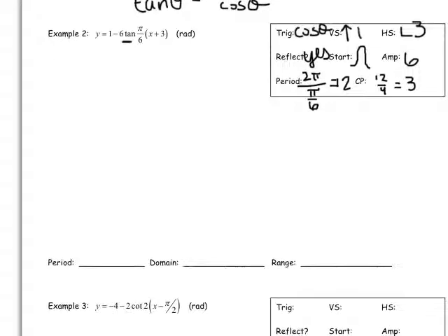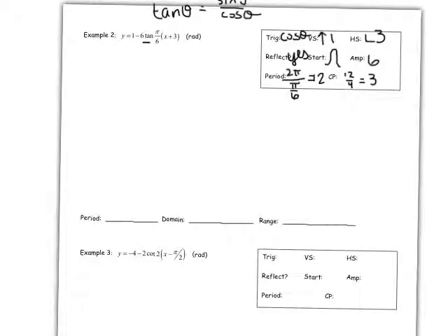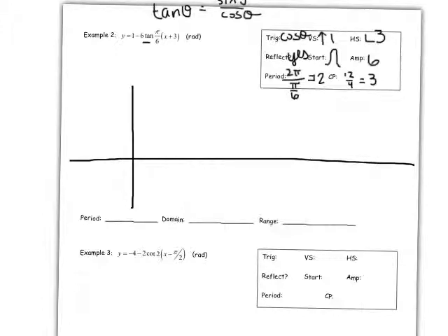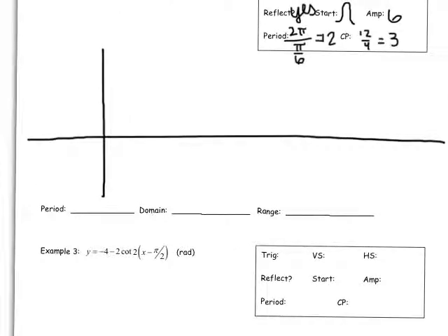Okay, so let's go left a little bit and up. So when I go left 3, I'm going to end up at negative 3. And my critical points are 3, so I'm going to add 3 each time.